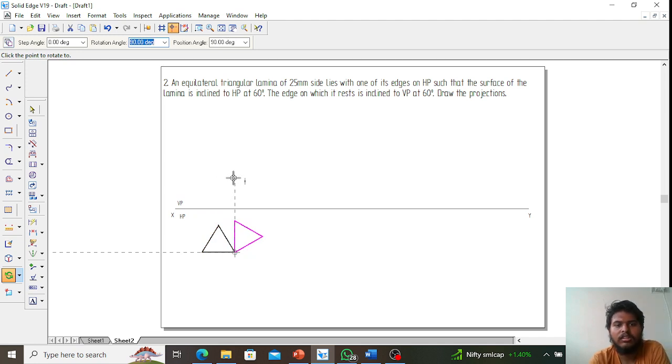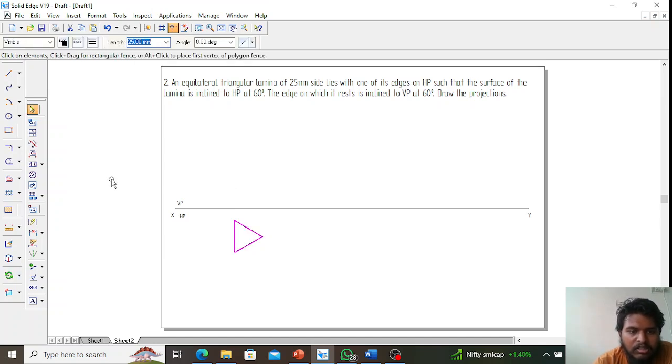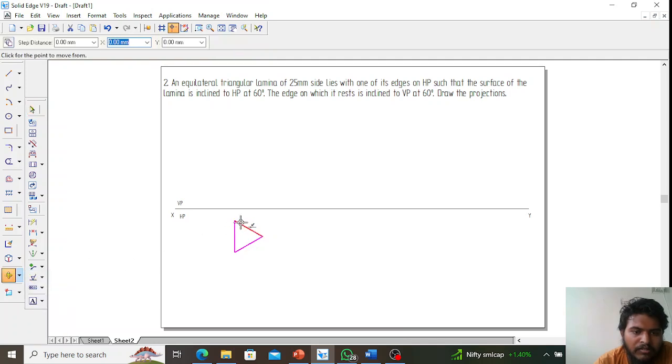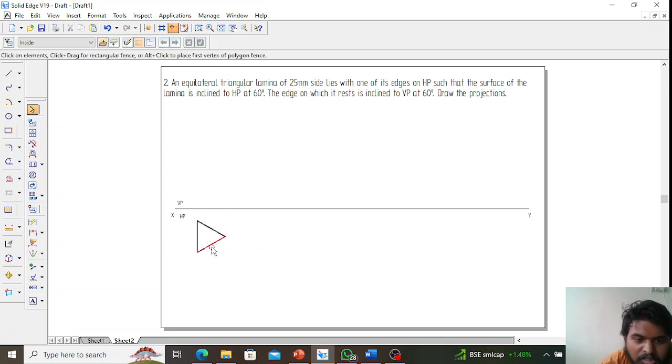Now this line appears, means it is at exact 90 degree. Now done. And again I will move the triangle here. Right? So now the first condition is satisfied. The triangle lies on one of its edge on HP.